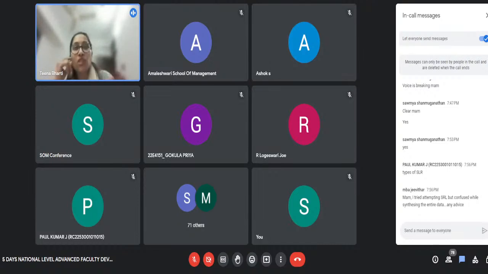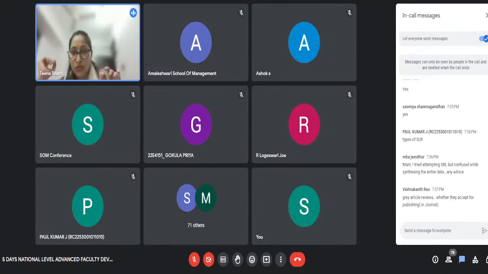The basic philosophy of systematic literature review is that you have to follow those 6 steps, and then you can decide whether you only want to go for a review that talks about theoretical aspects only. There is one article which I would like to show you, just a moment.